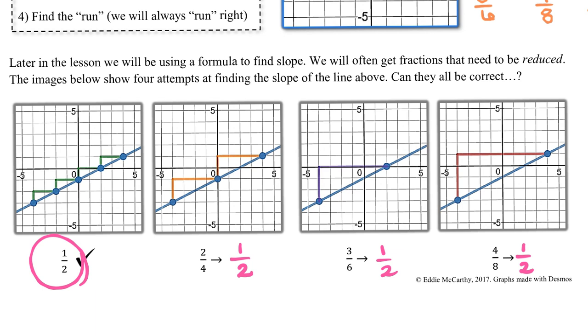Noelle, question. My point was in the negative section. That's fine, but you still had to go up and over to get to the next point. But mine looked like that. Well, that's fine. How many did you go up? 4.